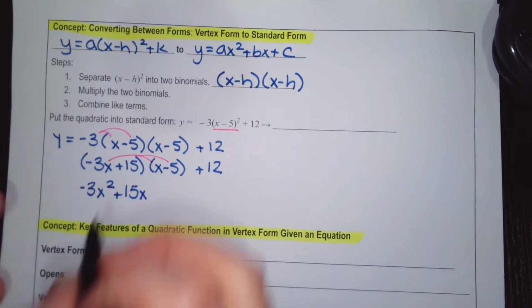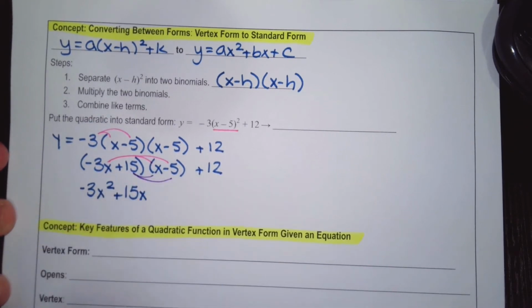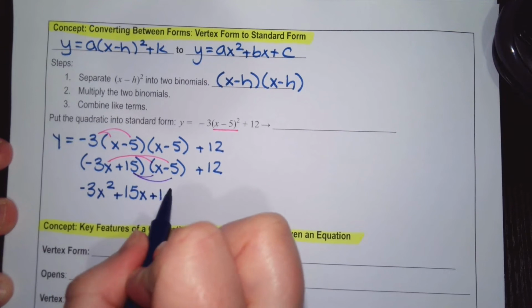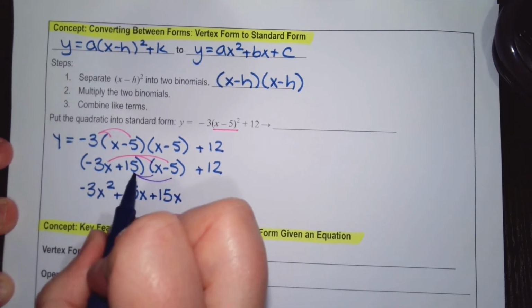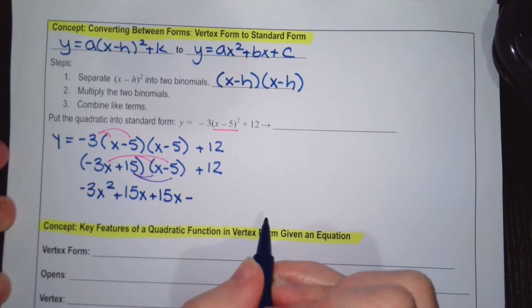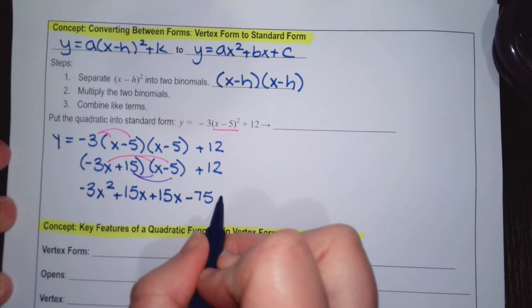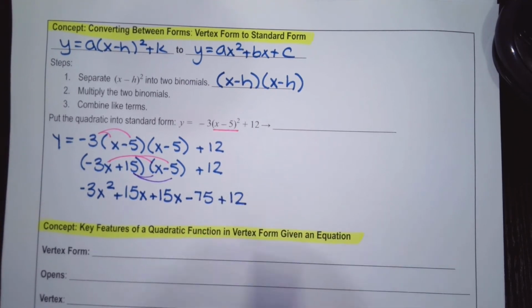Then we need to take the 15 and multiply it by both x and minus 5. 15 times x is plus 15x. 15 times minus 5 is minus 75. And then we still have that plus 12.